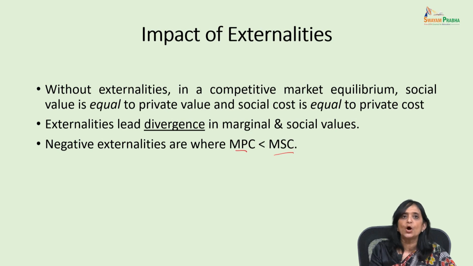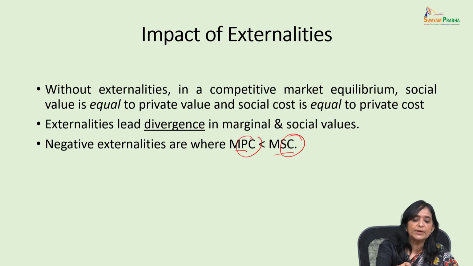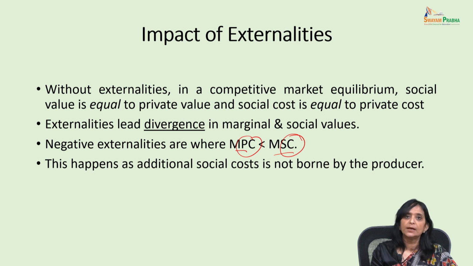That cost I'm not incurring. But in case of a negative externality, this social cost is higher than the private cost. So always in case of a negative externality, the marginal private cost is less than the marginal social cost. This happens because the producer is not bearing this social cost. It is being borne by the people who are facing the damage because of this business activity.